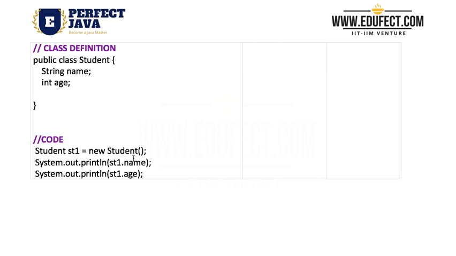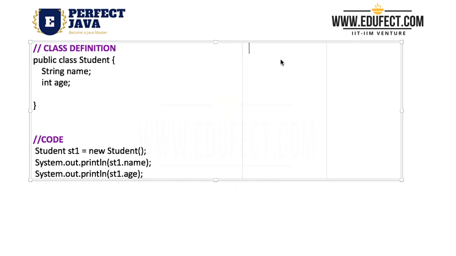Now when we say st1, what will st1 look like? After we have created it, name will be null because it's the default value, and age is 0. So when we say system.out.println st1.name, what will get printed is null.